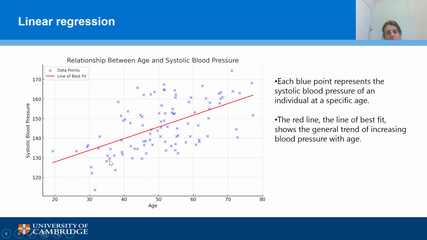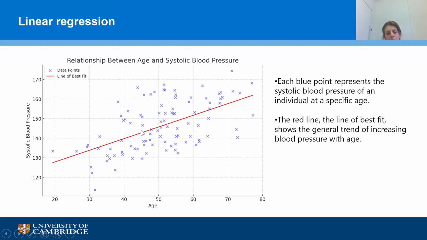When we use a linear regression model, what do we do? We try to define the line of best fit to show the trend of increasing blood pressure with age. So we have this model called linear regression, where we can estimate the best line that shows the average increase of blood pressure with age.